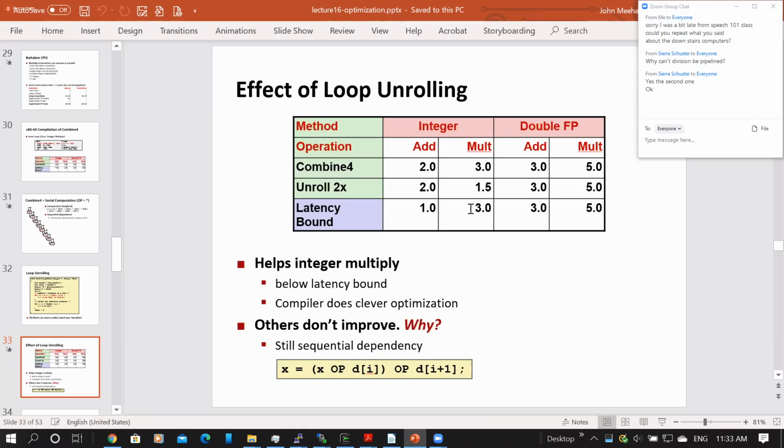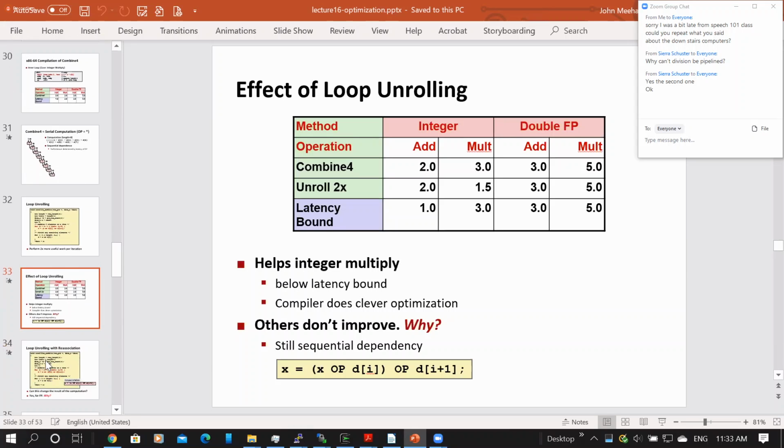So the explanation has got to be it's pipelined somehow. So this is the association that we have in there. Somehow we got some pipelining going on with the multiply, but not if the operation was addition, right?